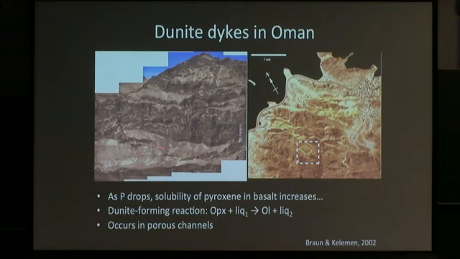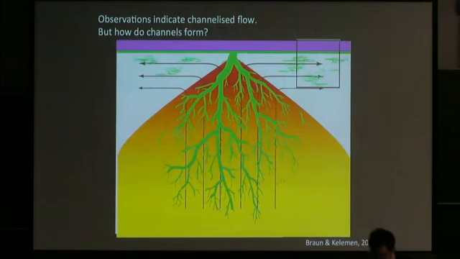As the melt travels up in these porous conduits, the pyroxene is dissolved and olivine is precipitated. And that sort of reaction has inspired cartoons such as this for how mantle melt transport might work under a mid-ocean ridge, this sort of downward tree of channels. But a problem has been to try and understand how the channels form.